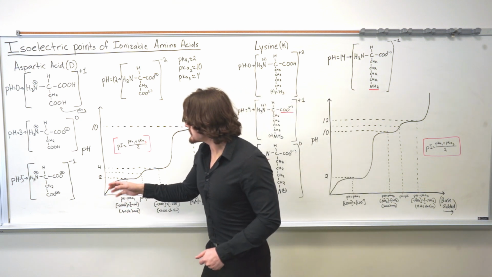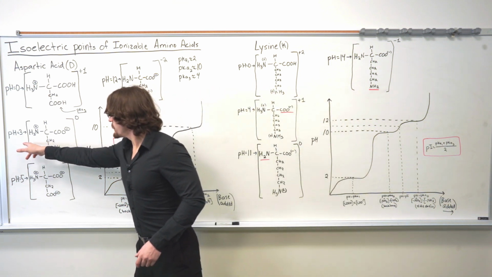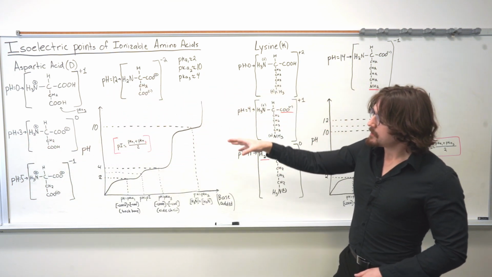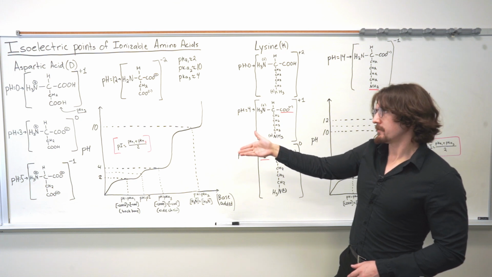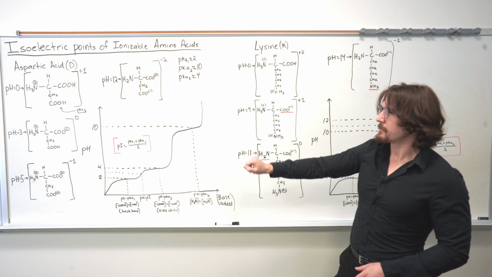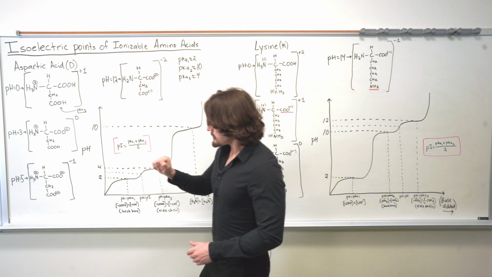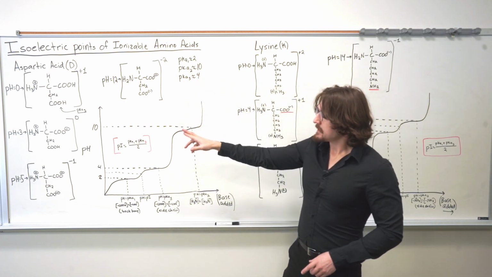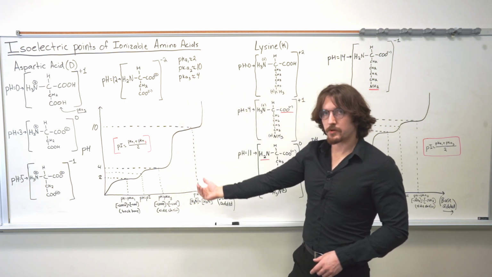And eventually, let's say we look at the species at pH of 3. So in this case, again, the amino group, the pKa is much higher than pH of 3. It's 10. So it's going to be protonated. So it's still positively charged, right? But then this carboxyl group, its pKa is 2. So in this case, most of it is actually now going to be deprotonated.